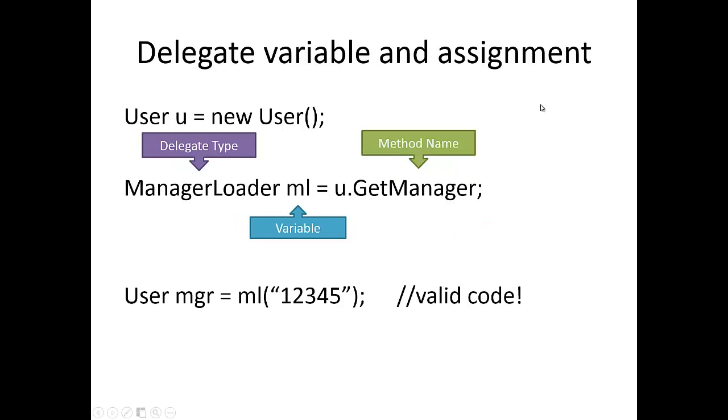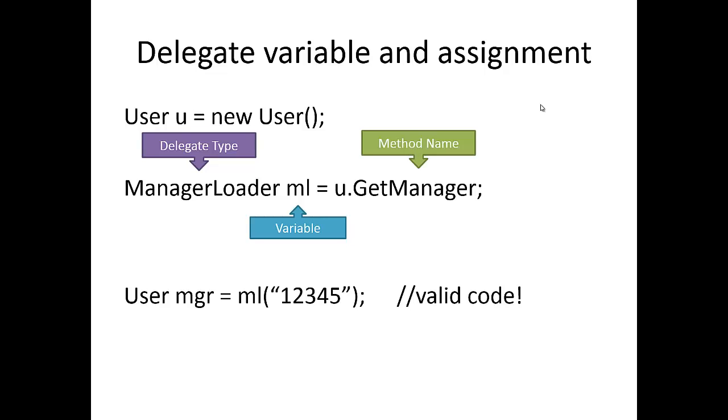Now to actually assign our method to a delegate variable, we're going to go through the following steps. The first line, User u = new User, I'm creating another user object that I'm going to use in a moment. The next line, I'm declaring my delegate and assigning it a method. Looking at the anatomy of this, we have ManagerLoader, the name of our delegate, which is treated as a data type in this variable declaration.